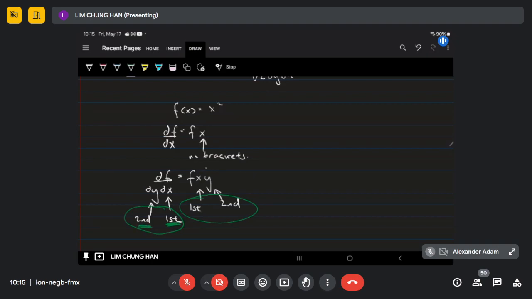But if I write it in terms of f xy, the first term is actually the one on the left, and then the second term is the one on the right. It's reverse. Do you notice? Yes. So you have to be careful. This is the only thing you have to be careful about.